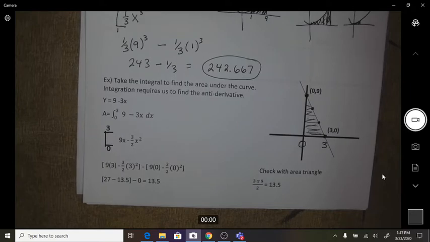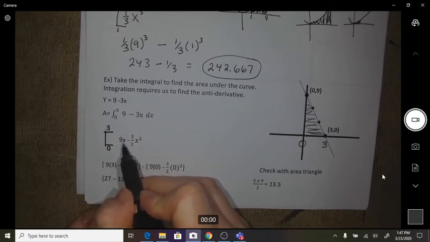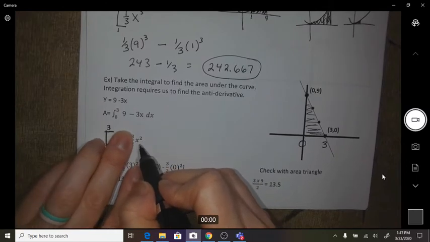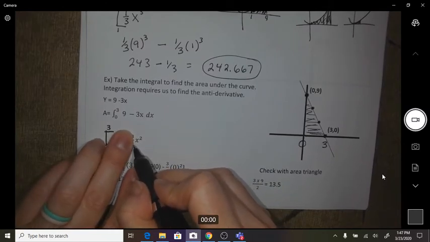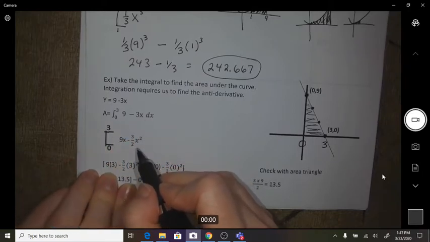Okay, so I'm going to antiderive this. This would become 9x, and this would have a squared on it. And then what would I need to counteract to make a 3? 3 halves.